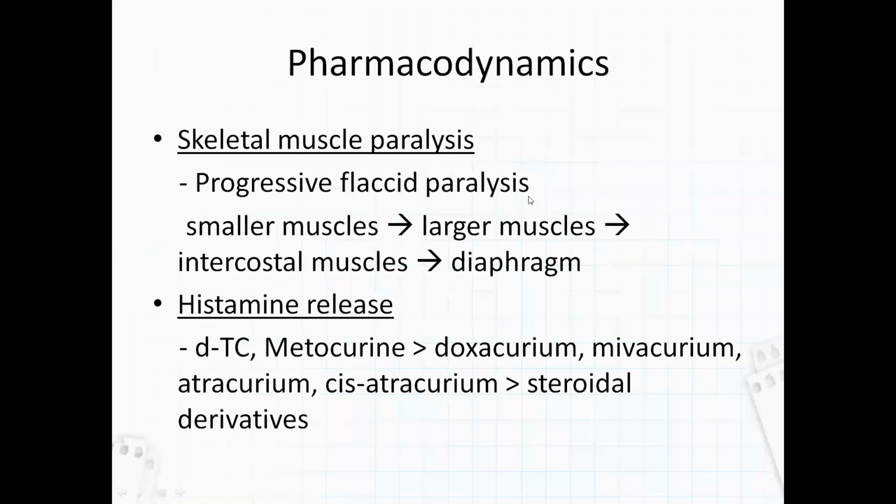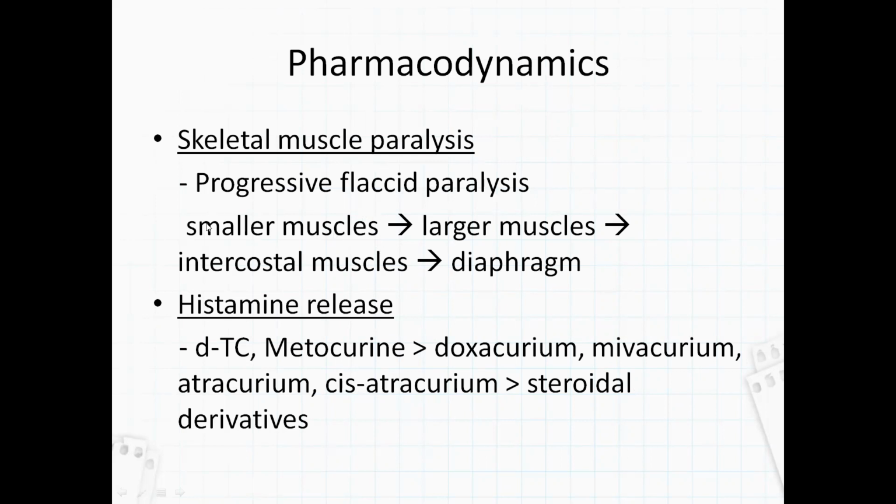Now coming to pharmacodynamics of these drugs. These drugs cause skeletal muscle paralysis. How are they causing it? Like progressive flaccid paralysis. Here they affect the smaller muscles first, like the muscles around eyes and toes and larynx.